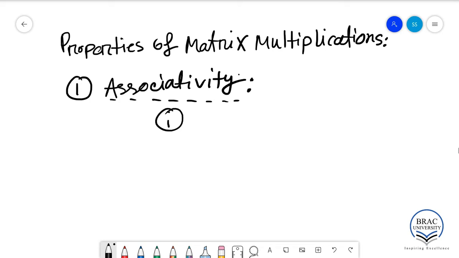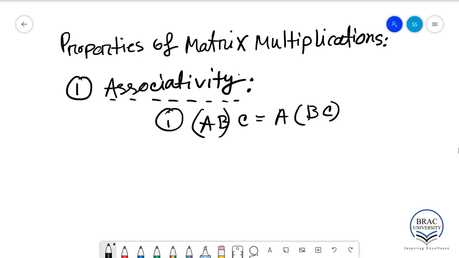The first one is that if you have three matrices and you want to multiply them, if you multiply A and B first and then you take the result and multiply with C, this will be equal to A times BC. That is, if you take B and C first and multiply them and then multiply A from the left hand side.